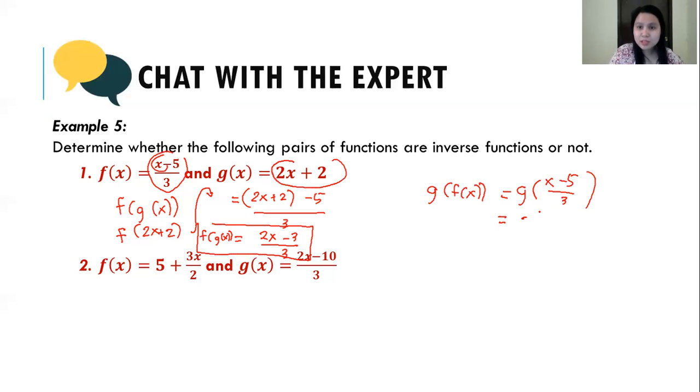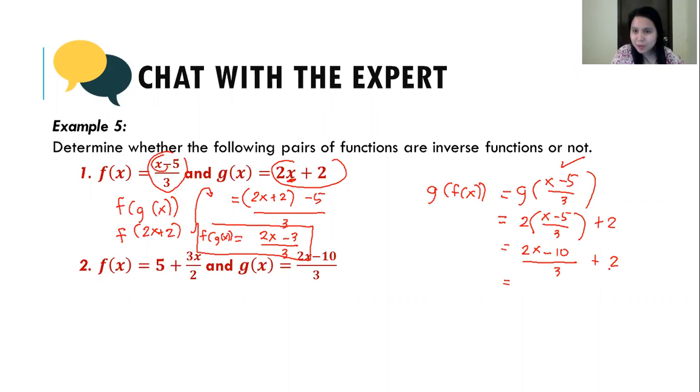That's 2 times x. Our x is here. x minus 5 over 3 plus 2. So we now have 2x minus 10 all over 3 plus 2.